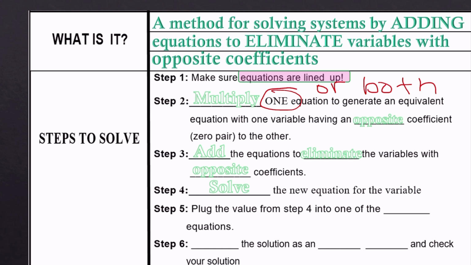Now I have the value of one of my ordered pair. I plug that value that I just got in step 4 into one of the original equations, and no, it doesn't matter which one, and I find the other variable. Then I write the solution as an ordered pair, and I check my solution like we did last week. Let's go see what all of this looks like.